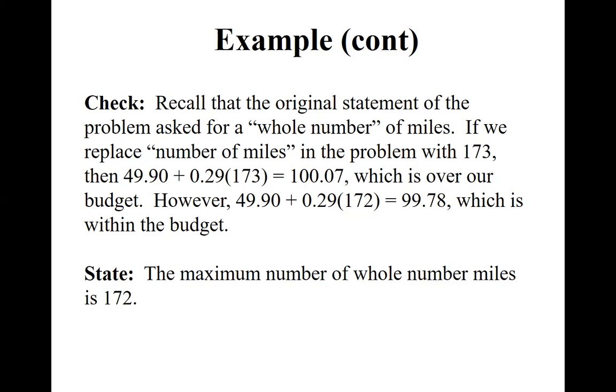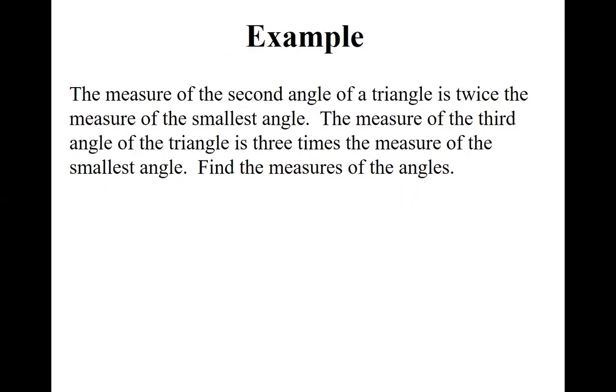Let's do another. The measure of the second angle of a triangle is twice the measure of the smallest angle. The measure of the third angle of the triangle is 3 times the measure of the smallest angle.